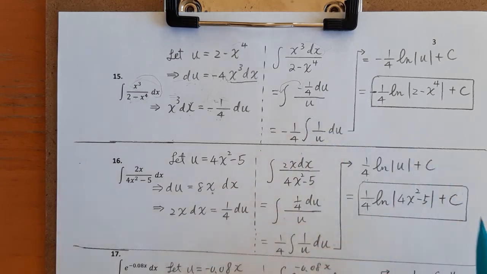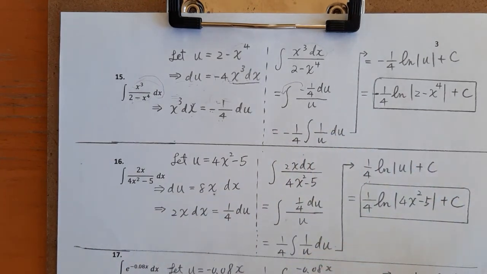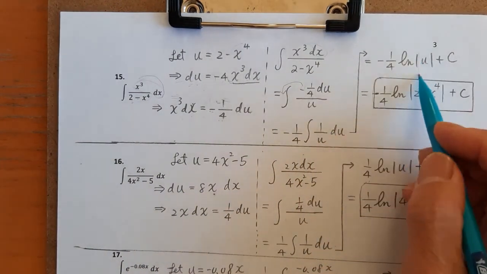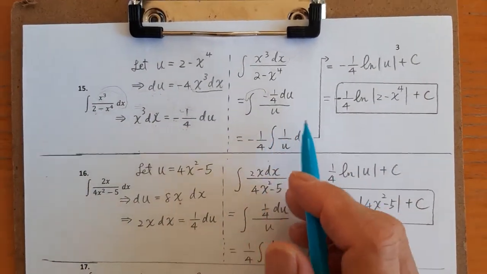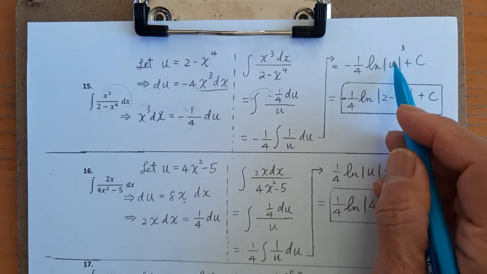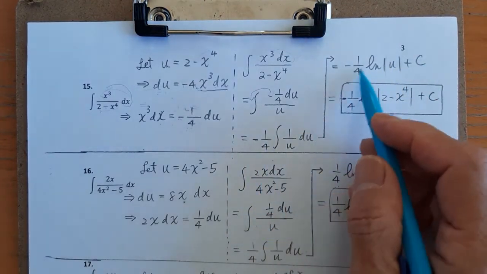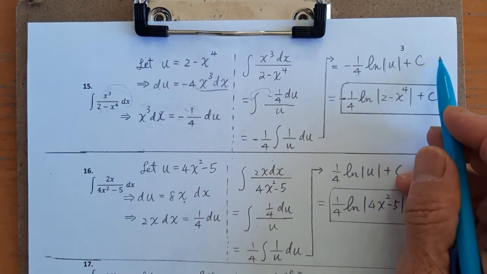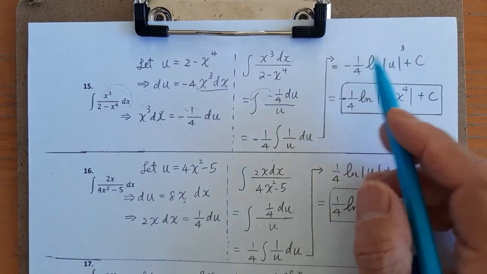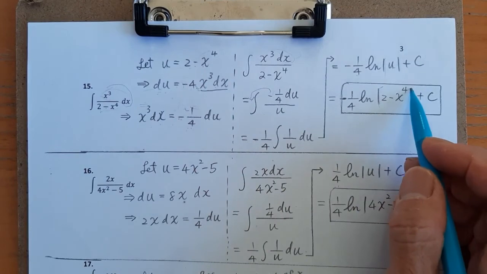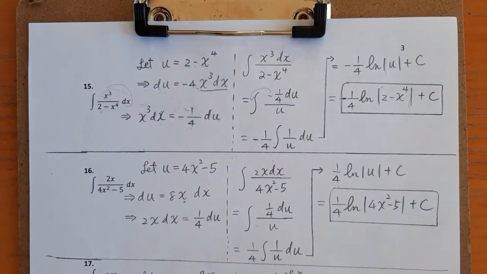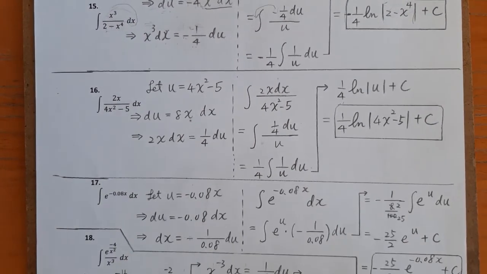Integral 1 over u is ln absolute value of u. In front have negative 1/4, add c. And substitute back, u is 2 minus x to the power 4. Put absolute value, guarantee is positive. Then 16.